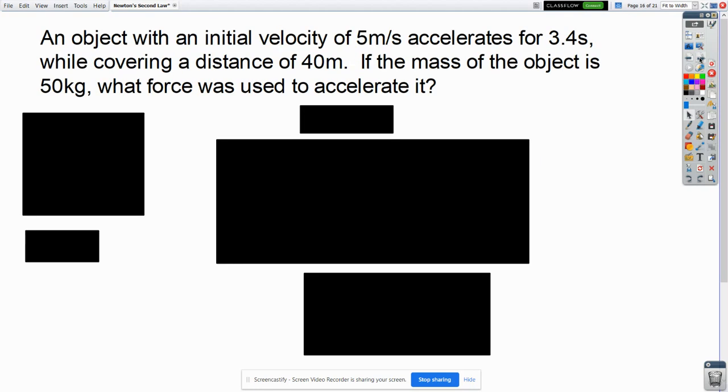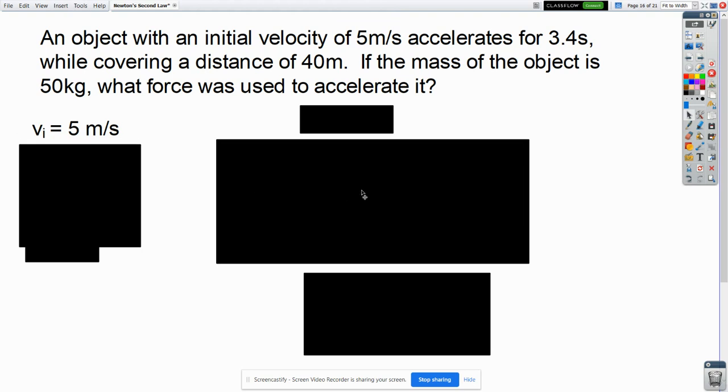Let's take a look at this one, see what the twists are in this. An object with an initial velocity of 5 meters per second accelerates for 3.4 seconds while covering a distance of 40 meters. If the mass of the object is 50 kilograms, what force is used to accelerate it? So again, going through and just figuring out what I know. Initial velocity, vi, 5 meters per second.